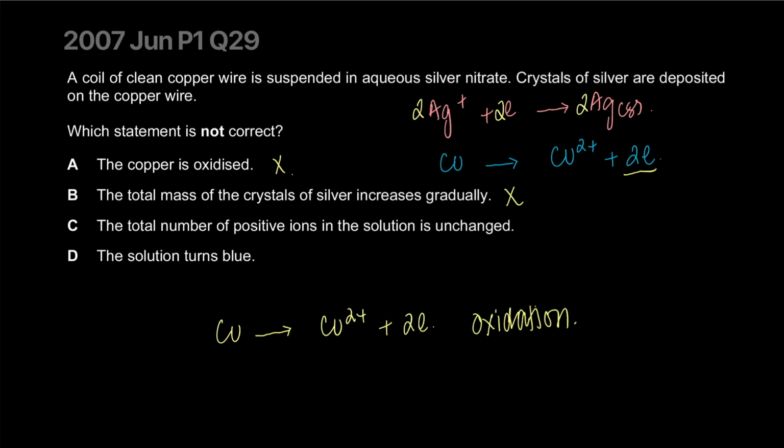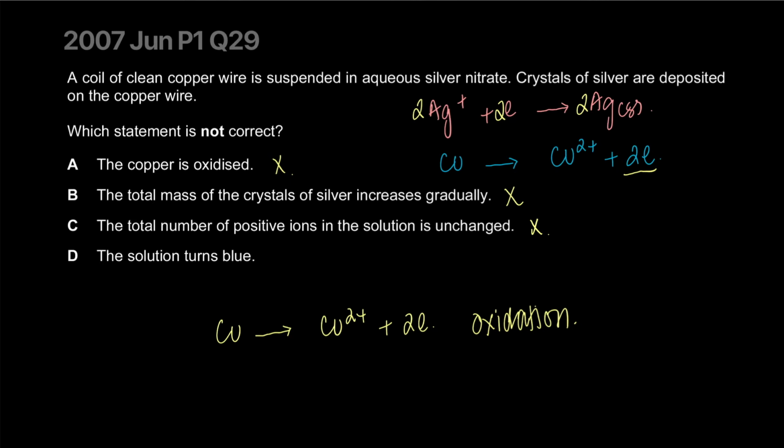So each time 2 silver ions are taken away from the solution to turn into silver, 1 copper ion is produced. So the statement that the total number of positive ions in the solution is unchanged is actually untrue. For every 2 silver ions turning into silver metal, 1 copper atom is turning into an ion. So of course the total number of ions is decreasing.